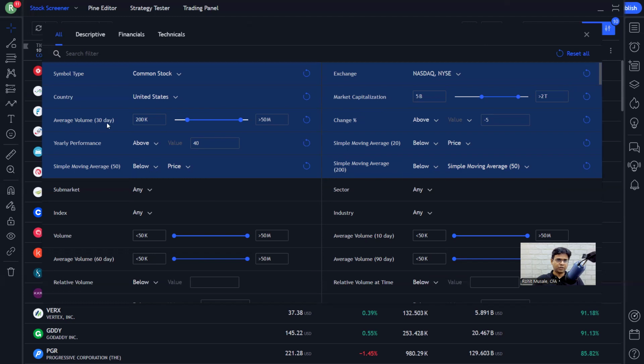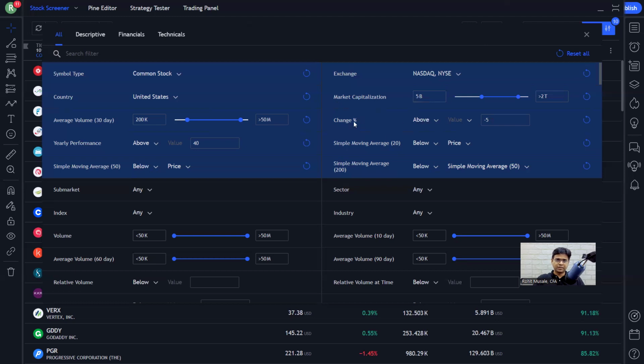So take 30-day, make this 200K. So the shares should have an average daily volume of 200,000 shares or more. This is for liquidity. Market capitalization, 5 billion minimum, because there are stocks in the US which have $1 trillion market cap. So you could go with minimum $5 billion.